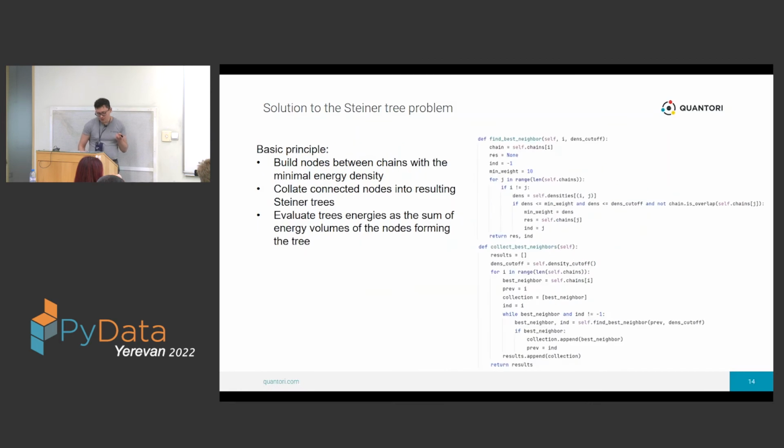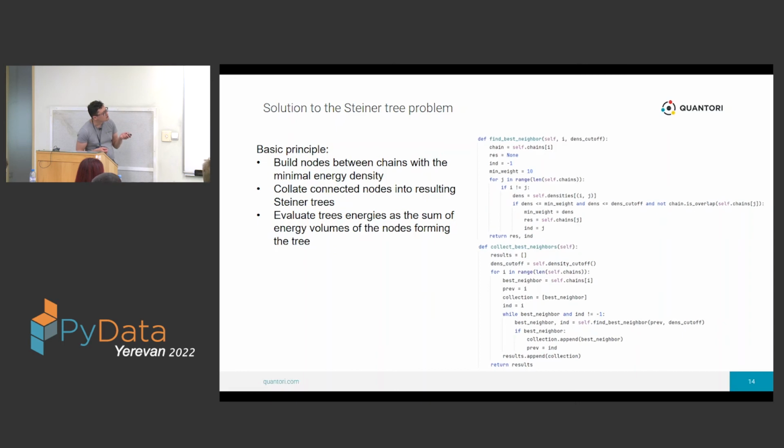So, in order to solve the Steiner tree problem, we have already pre-selected the chains and their combinations, and we just need to traverse through them. And that is done using energy density cutoff. I believe it's somewhere here, right?